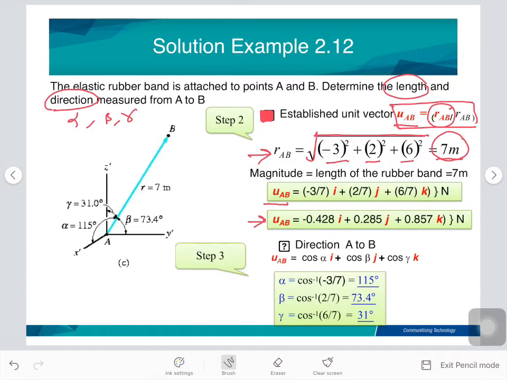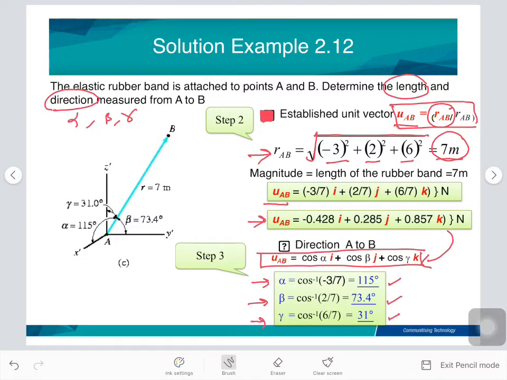And now this unit vector can be equated with the relationship that the unit vector AB is also equal to cos alpha I plus cos beta J plus cos gamma K. Then alpha is equal to cos inverse of negative 3 divided by 7, which is 115 degrees, and beta is equal to cos inverse of 2 over 7, which is 72.4 degrees. And the last one, gamma is equal to shift cos 6 over 7, which is 31 degrees.